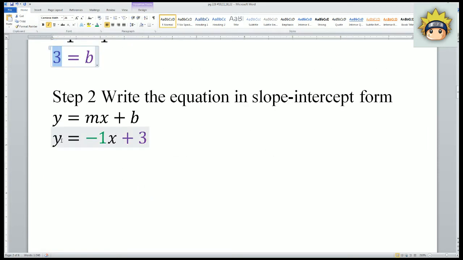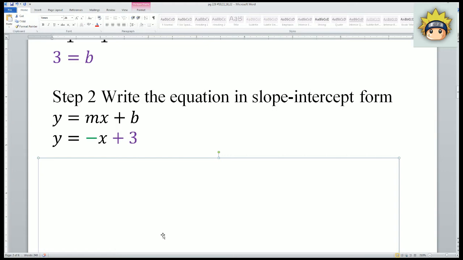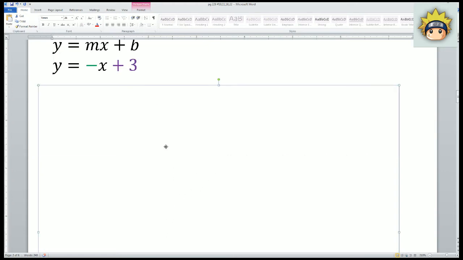Alright, so that should be my equation. y equals negative 1x plus 3. Normally we do not write the 1 in front of the variable. Sometimes you can just see it this way. But hopefully you notice that there is still a negative 1 in front of the x. That is my equation in slope-intercept form.